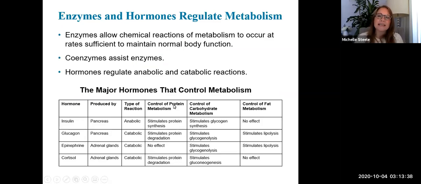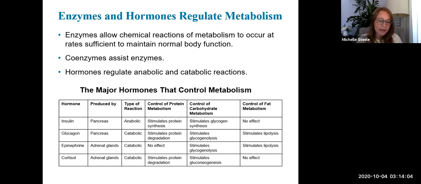So let's look at the overall ways in which we can regulate our metabolism. How does our body do that? Well, it does that through a series of different types of enzymes as well as hormones. Now, these enzymes allow for chemical reactions of metabolism to take place, and these are going to take place at a rate that is sufficient to maintain a normal body function.